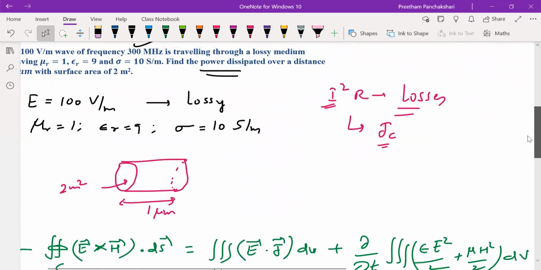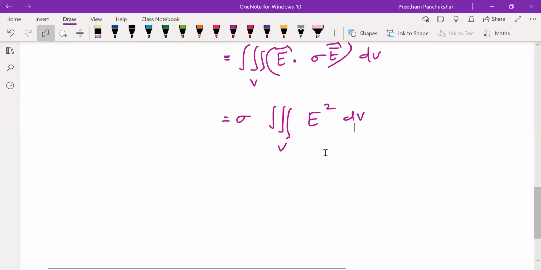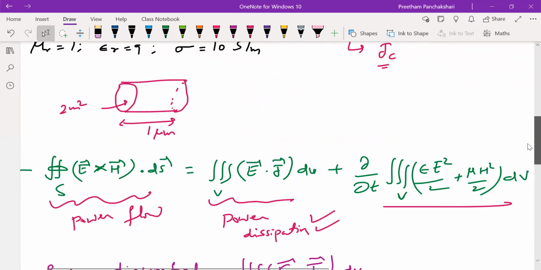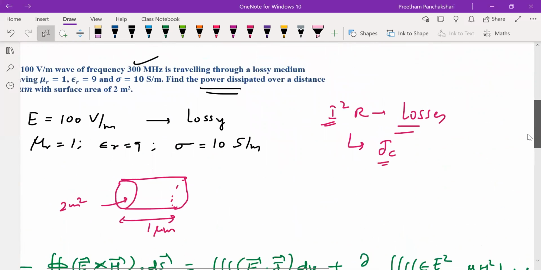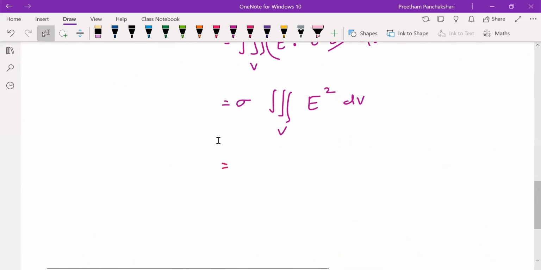If you go back to the problem, let us see what is 100 volts per meter. The value of electric field mentioned in the problem is 100 volts per meter. I'm sorry, I didn't see the conductivity, which is also required here. Copy all the terms here. Conductivity is 10, E is 100. The volume also we need for this.